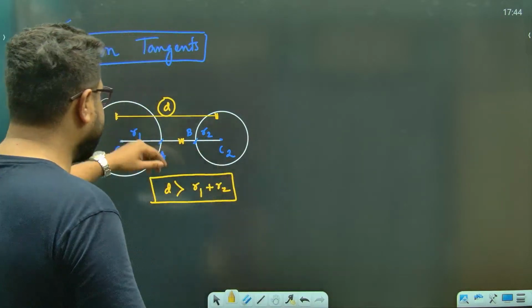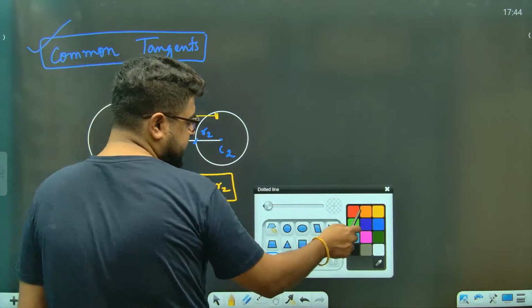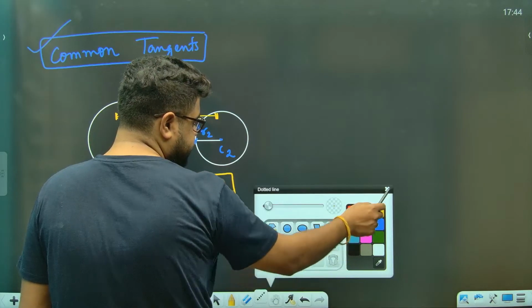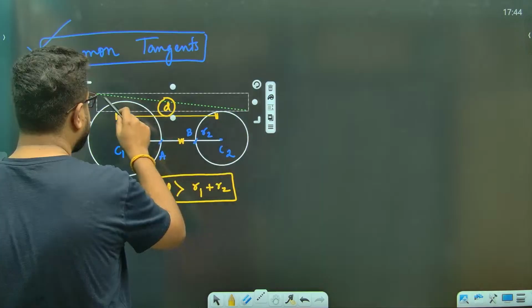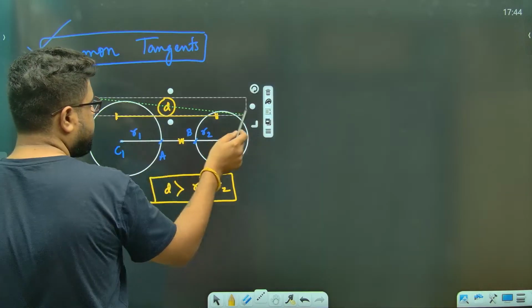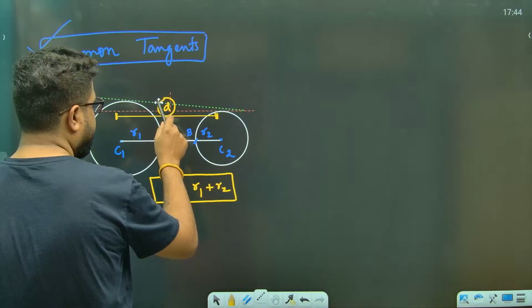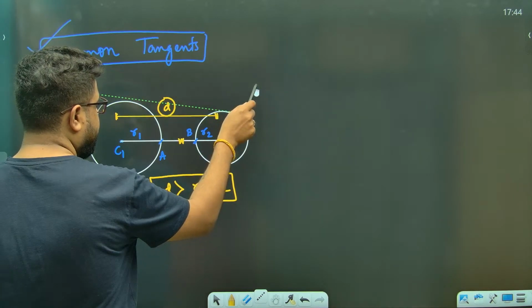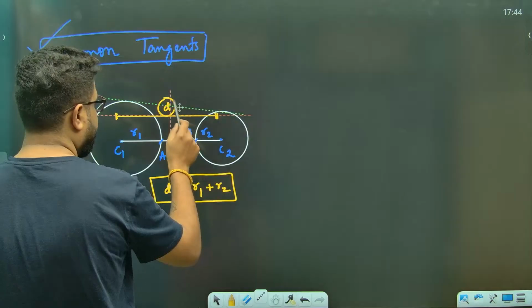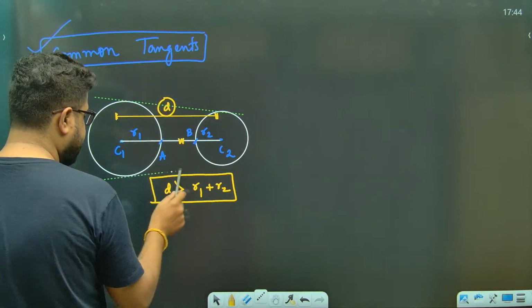Now, whenever we get such situations, let's see how many common tangents we can actually draw, sir. One common tangent I can draw up here. अरे थोड़ा ज्यादा हो गया. ठीक है sir, looks ठीक ठाक. Another common tangent, sir, we can draw like this.